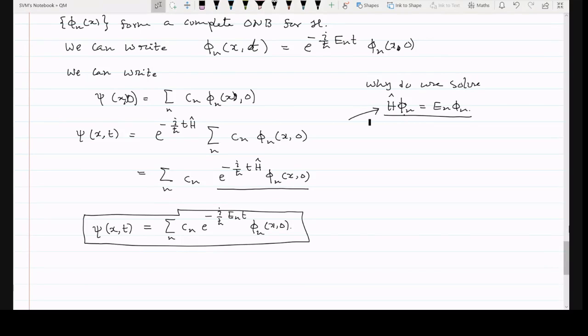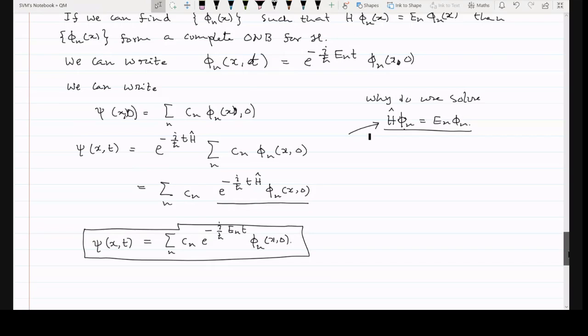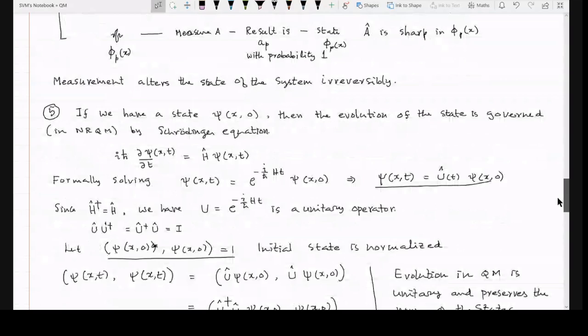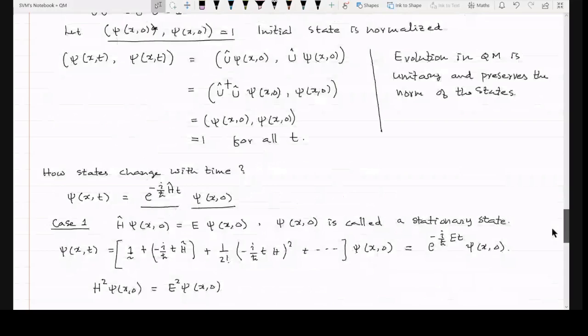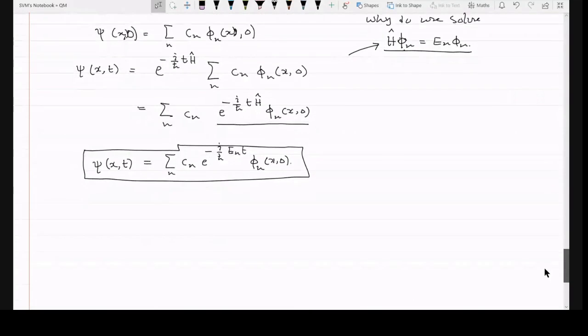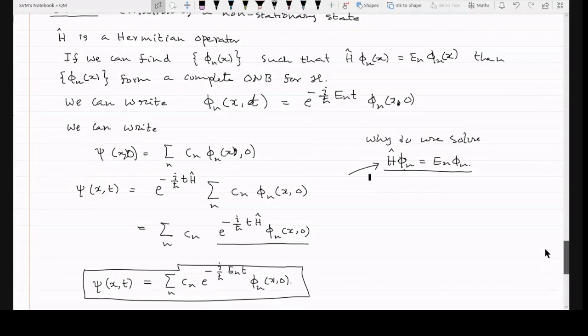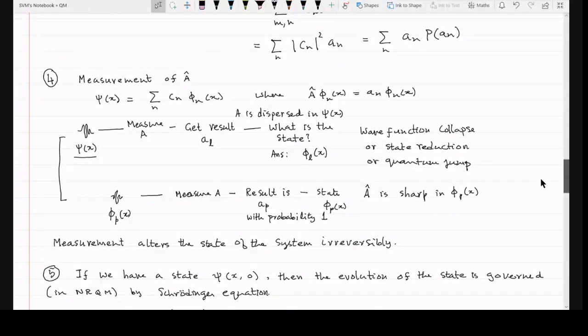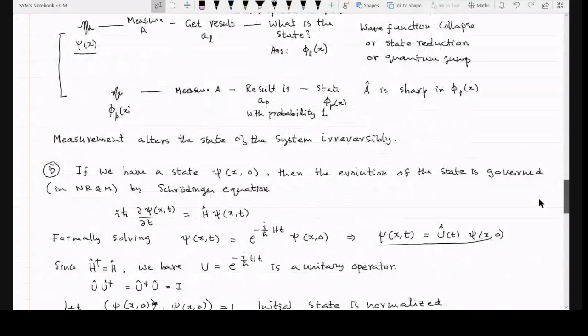So this is a set of postulates that we have for quantum mechanics. There are of course one or two more postulates that we will have to write, but we will write them when the need arises. But I think for the purpose at hand, this much mathematics and the postulates that we have is sufficient.